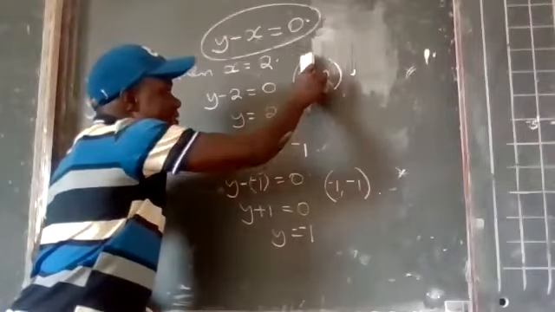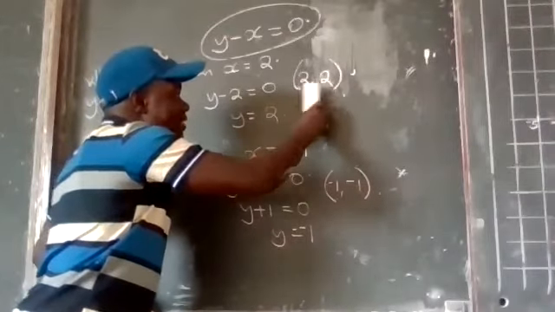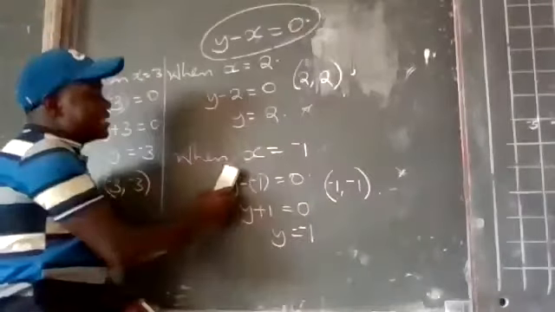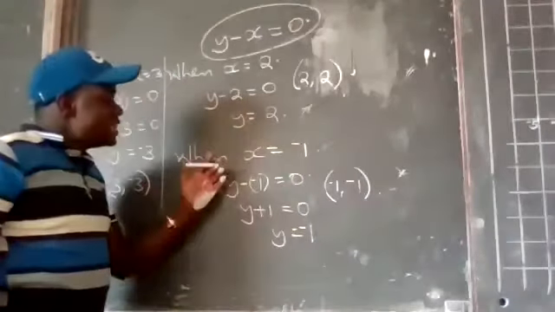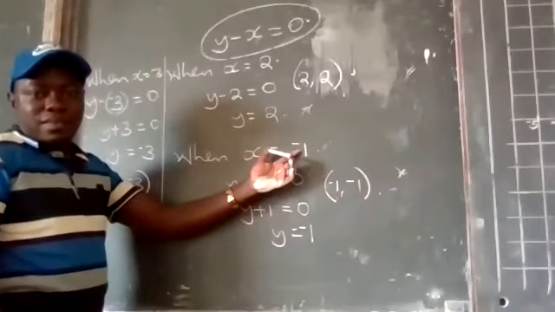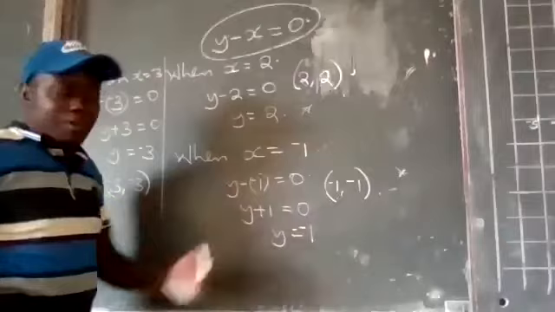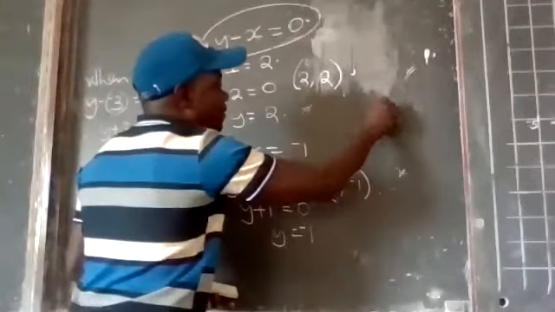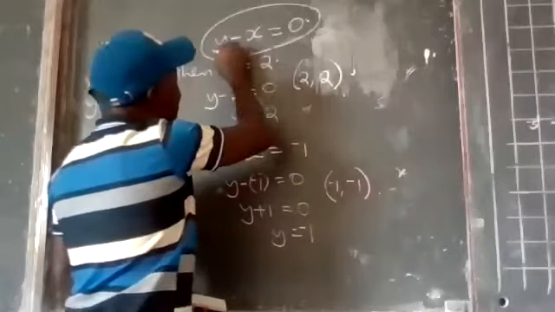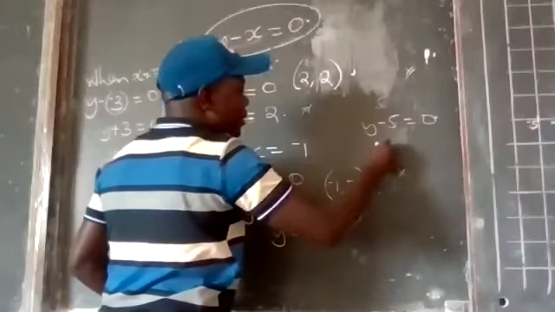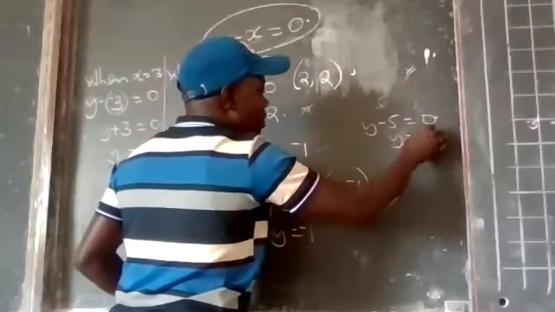The first coordinate is the x coordinate, the second coordinate is the y coordinate. Here, the values I put are values of my choice, so you can also have your choice. I can say that when x is equal to 5, from this equation, I'll have y minus 5 is equal to 0, and then y is equal to 5.